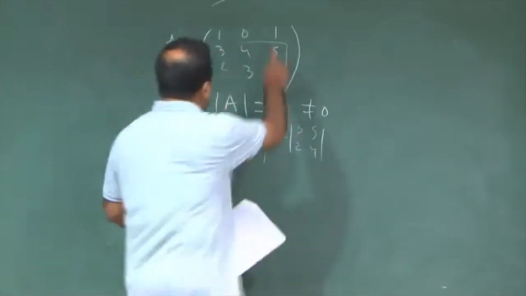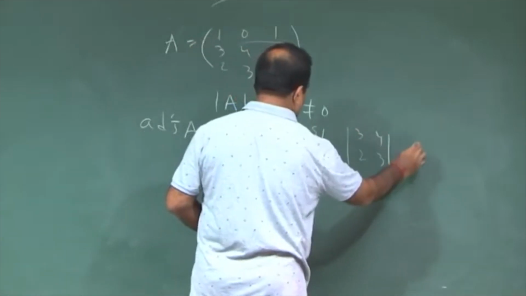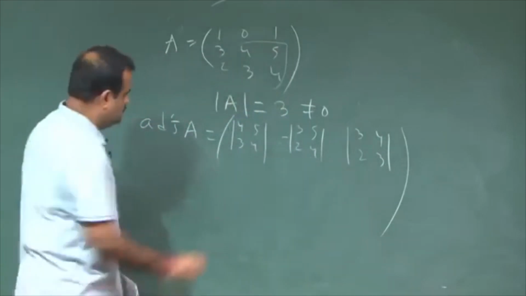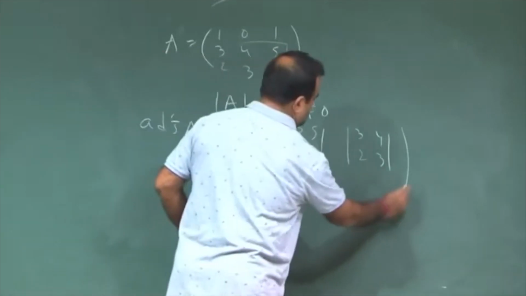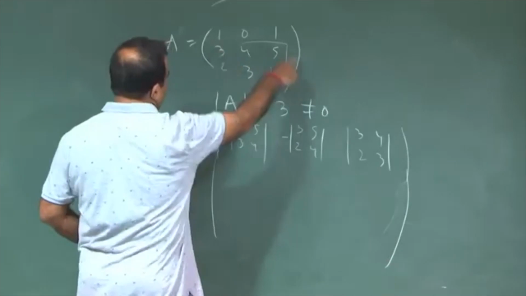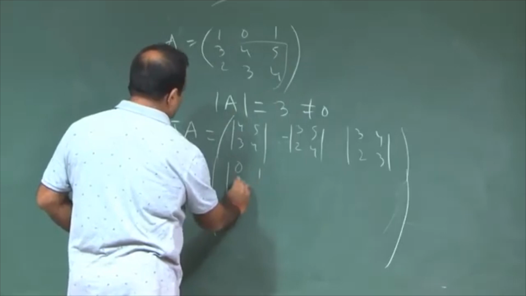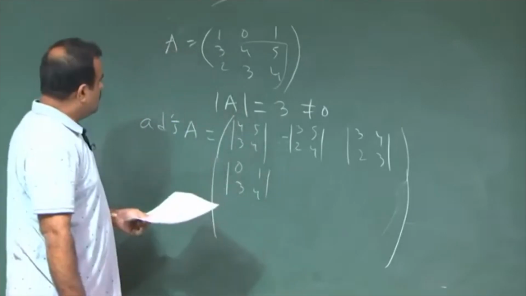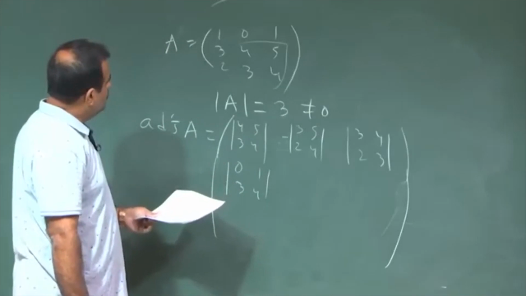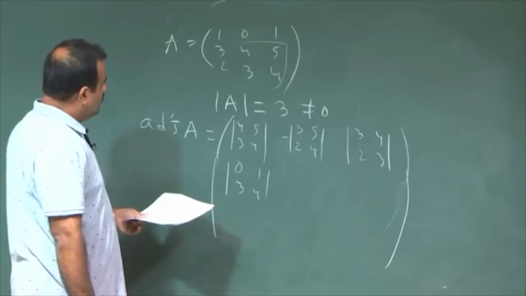Then for this we have 3 4 2 3. This is also a 3 by 3 matrix, and for this element we ignore this row and this column, so the determinant of 0 1 3 4. So, this is the way, or the transpose of it.